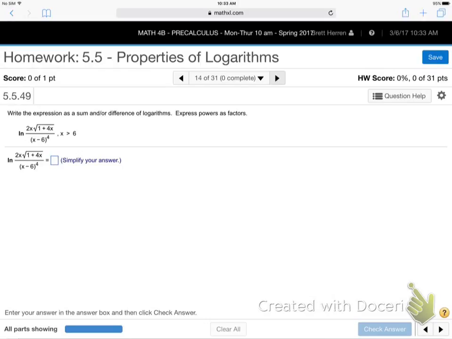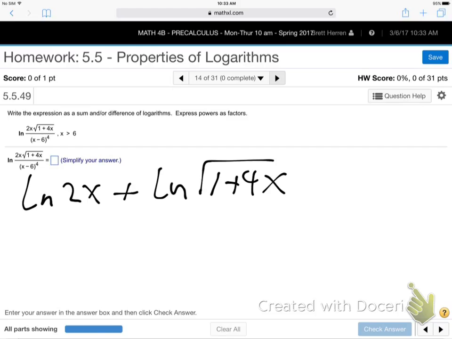All right, so I'm just going to try to do that one in one step if I can. ln of 2x plus ln of the root of 1 plus 4x minus 4 ln of x minus 6.